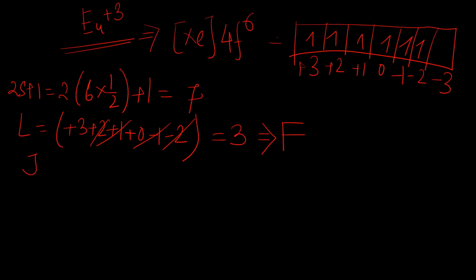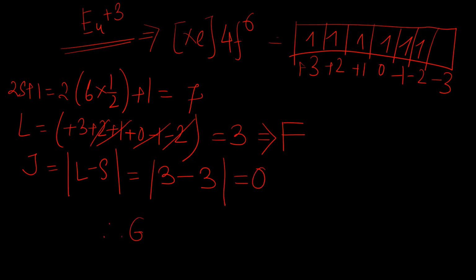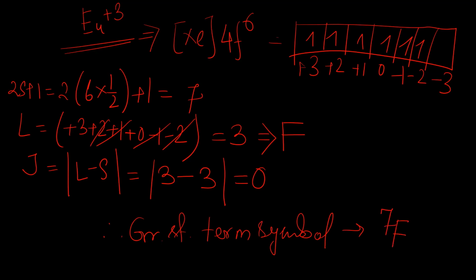Now the J value, it is less than half filled, so L minus S. We know the value of L is 3, the value of S is also 3, so the value is 0. So the ground state term symbol is 7F0.